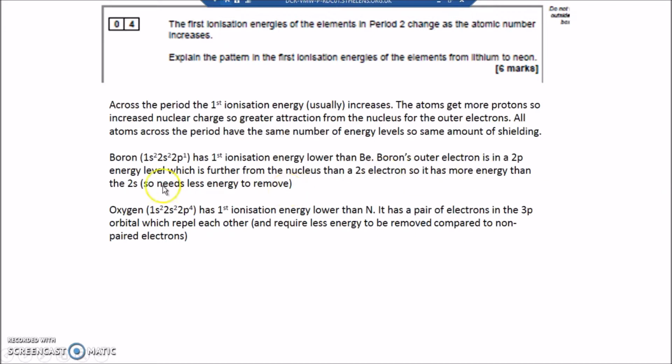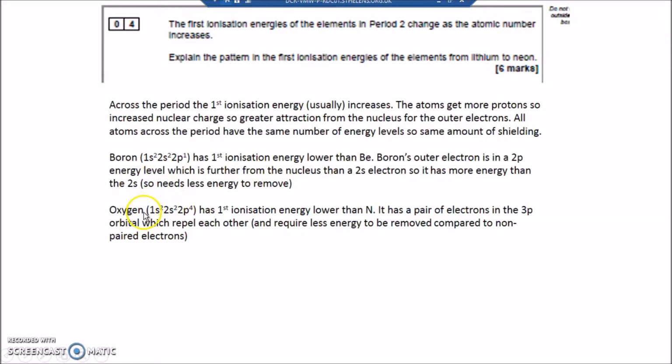It's got more energy than the 2s, and therefore you need to put less energy in to remove it. So if you say that boron's got a lower first ionization energy than beryllium because it's got a 2p electron further from the nucleus with more energy than the 2s electron, the outer electron in beryllium, you'll get the mark.